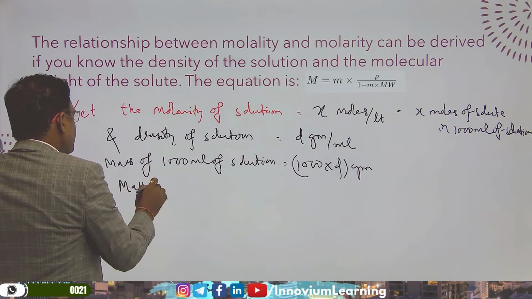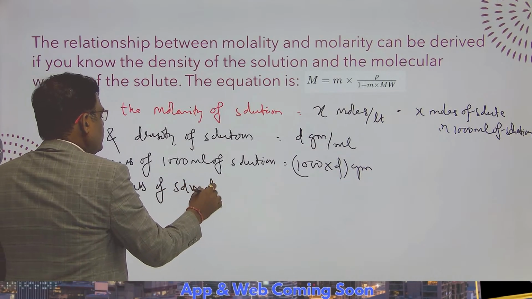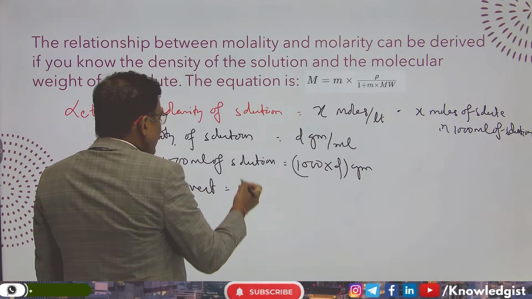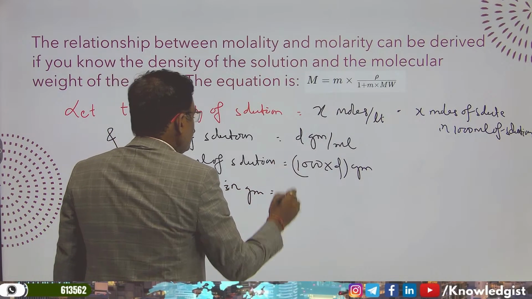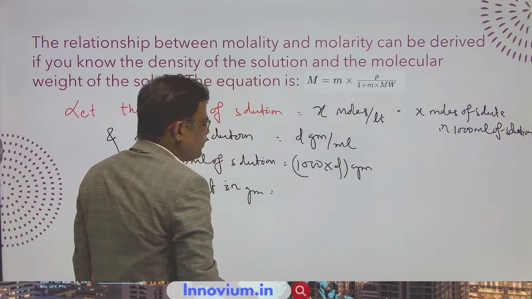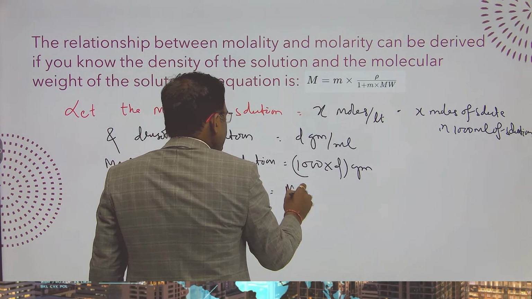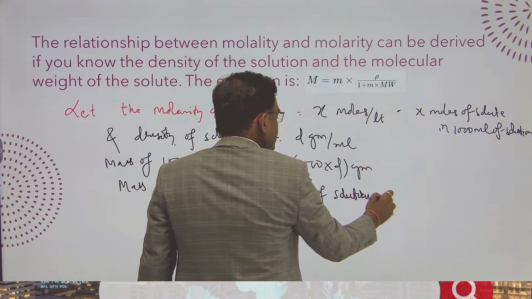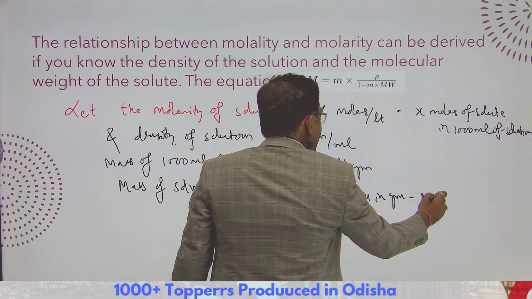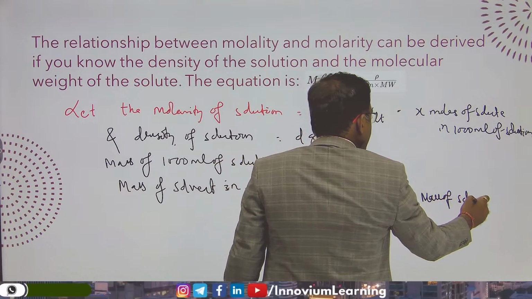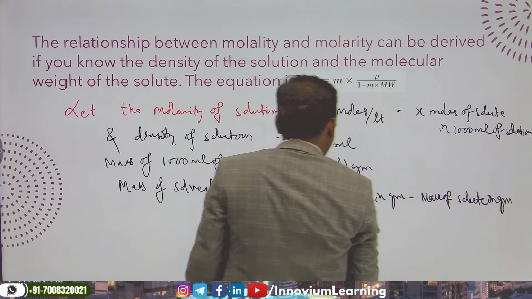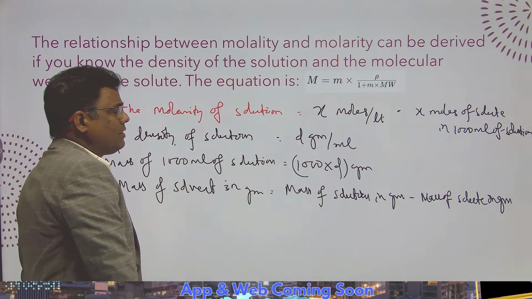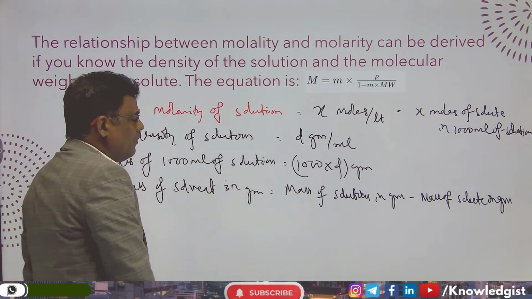The mass of solvent in gram is equal to the mass of solution in gram minus the mass of solute in gram. Correct? So out of the solution mass in gram, if you subtract the solute mass in gram unit, then you will get the mass of solvent in gram unit.